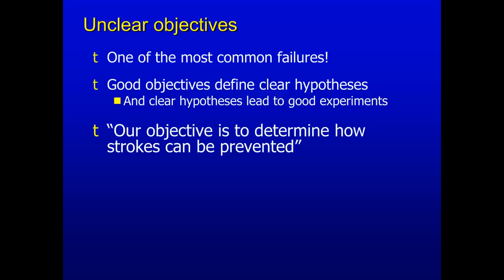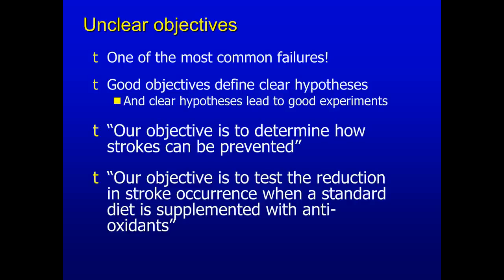What hypothesis are you putting forward? If you rephrase it as our objective is to test the reduction in stroke occurrence when a standard diet is supplemented with antioxidants, then you have a framework of a testable hypothesis.